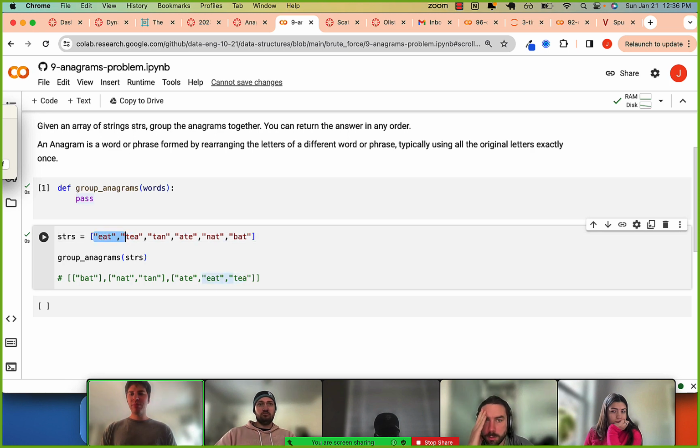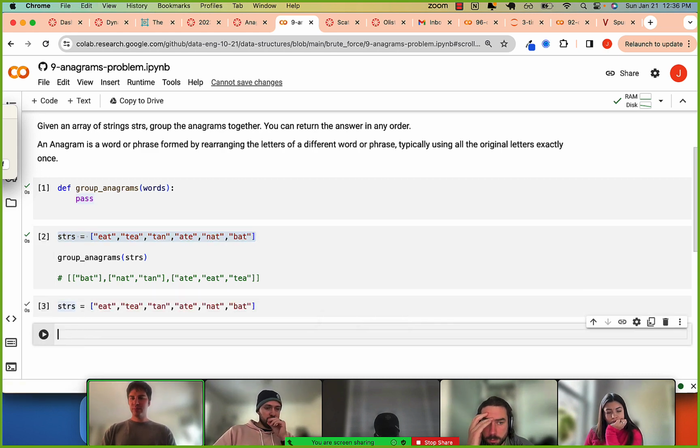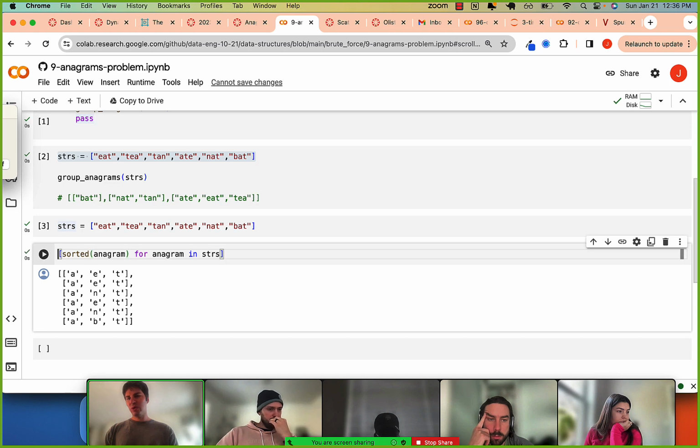If something's an anagram, you can sort. Let's say we sort each one of these. Let's call this signature, not sorted, just because that's a keyword, and we do sorted of the anagram. Okay, and then we can join it.